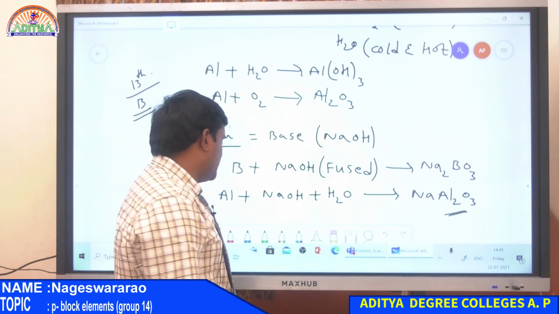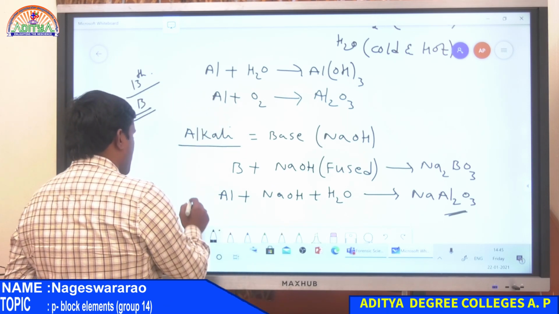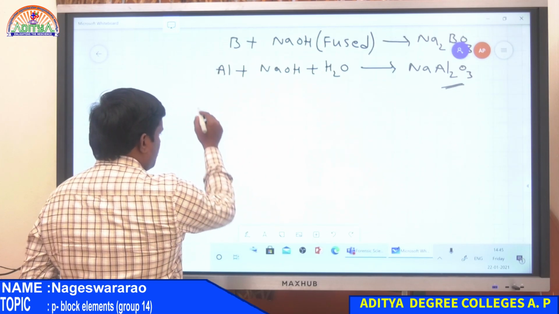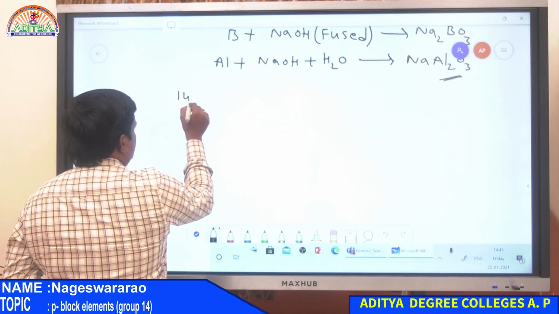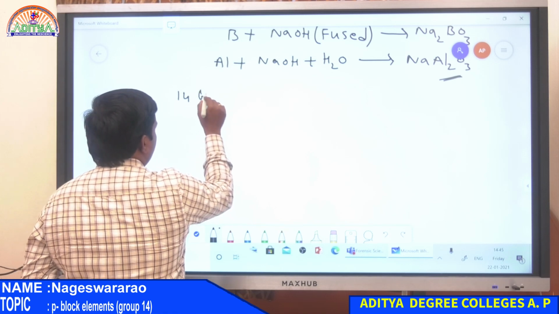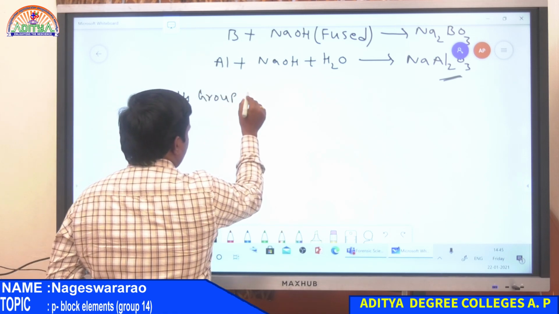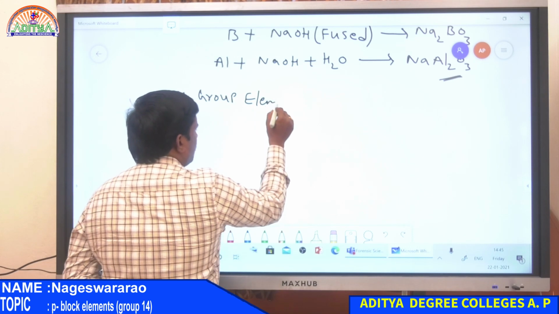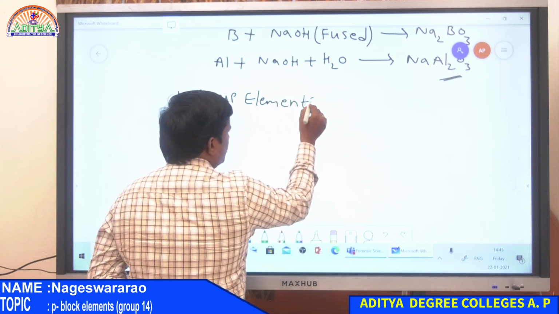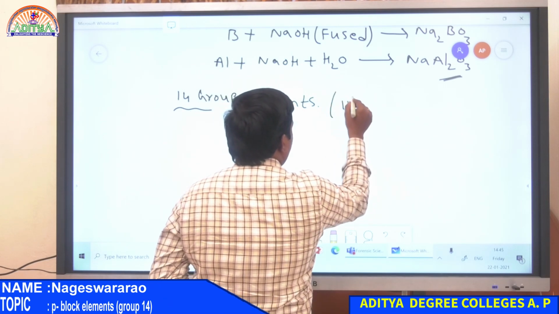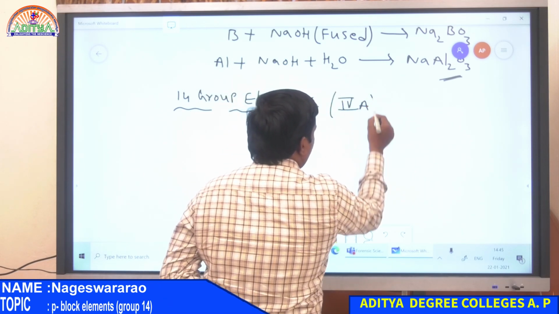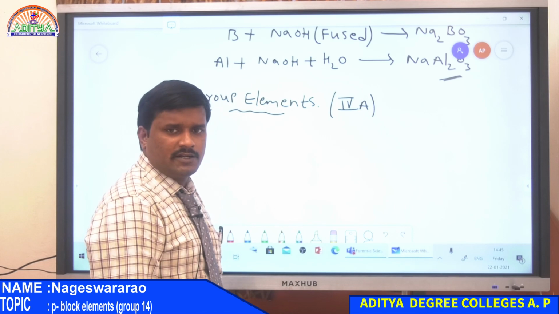Now the next group, that is the 14th group elements. So 14th group elements are simply denoted as 4A group elements in the periodic table.